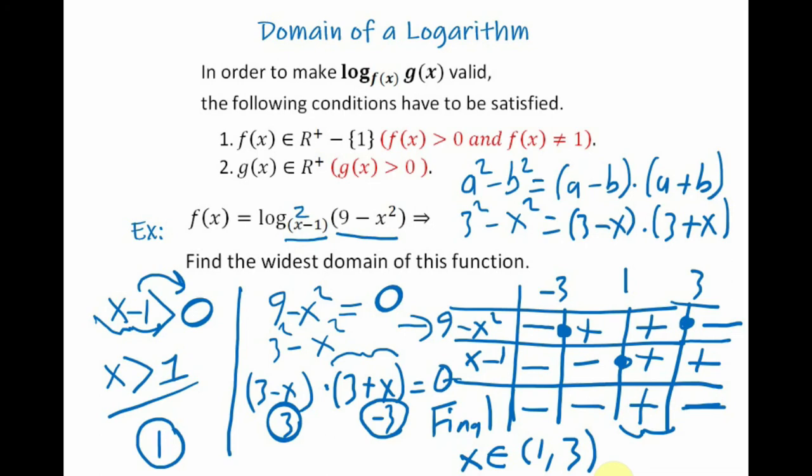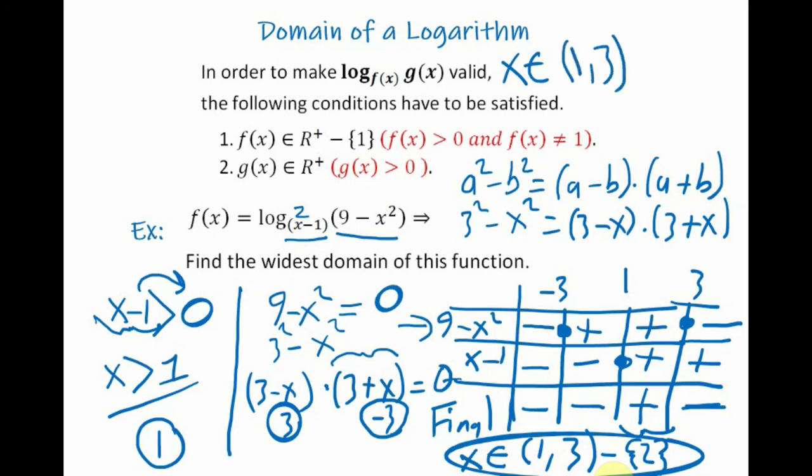So I have to exclude 2 from this interval, guys. So this is what I have as a result. Let me write it at the top. x is an element of the interval 1 to 3, but we have to exclude 2 from this interval. Why? Because 2 makes our base 1.